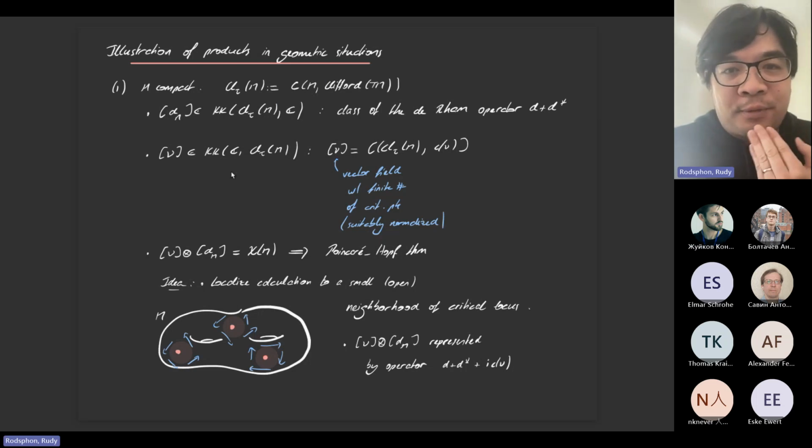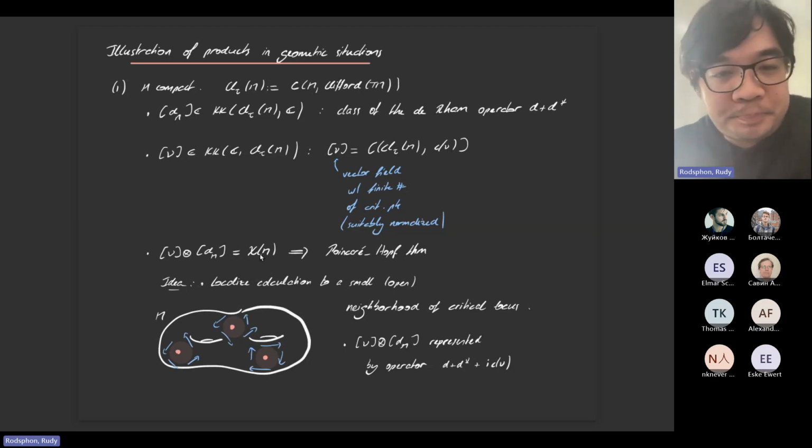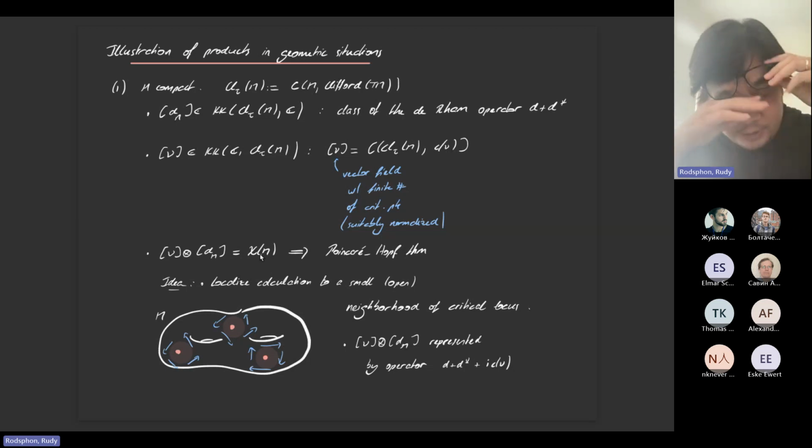You might have already heard that when you take the de Rham operator, the index theory of the de Rham operator will give you the Gauss-Bonnet theorem. So if you have this kind of thing, then the product between the two is a number, and that's actually the Euler characteristic of the manifold. So it's somewhat a form of Gauss-Bonnet, if you want.